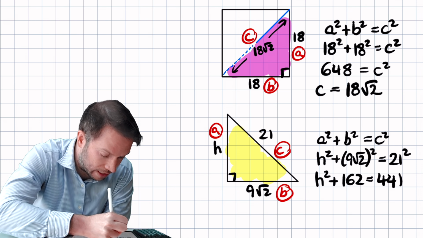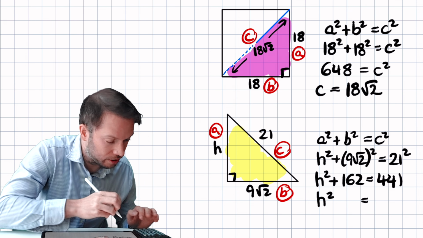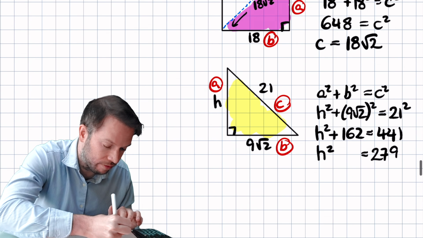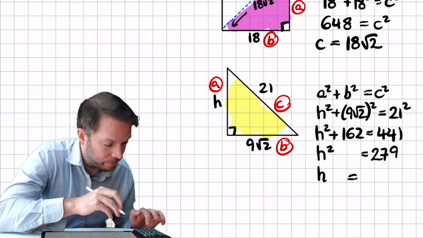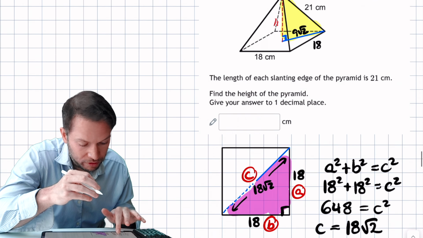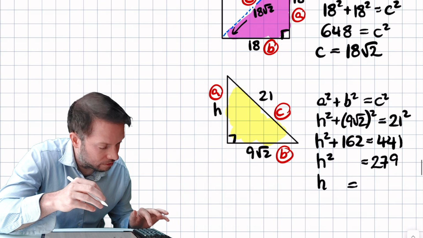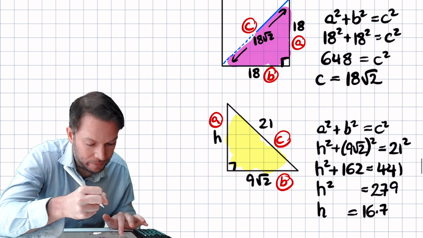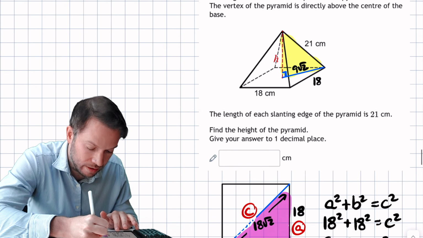So we can subtract the 162 from both sides. 441 minus 162 is 279. And then you just square root both sides to get rid of that squared. So square root of 279 is equal to 3 root 31, but it wants it as a decimal to one decimal place. So let's convert that to a decimal. We get 16.7 centimetres. And that's the final answer. It's 16.7.